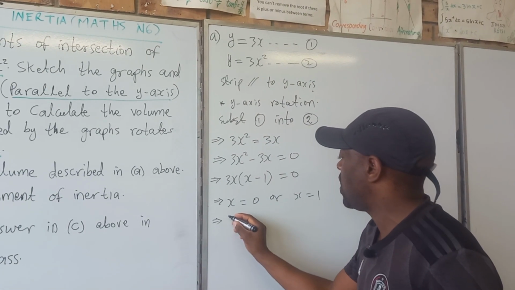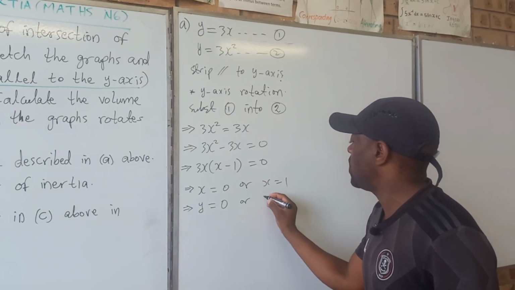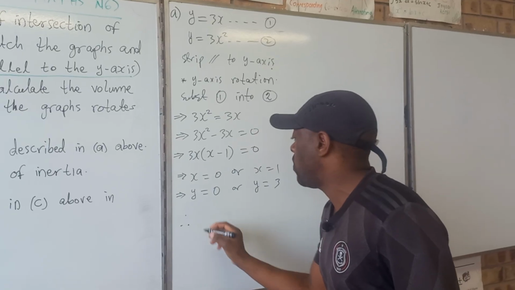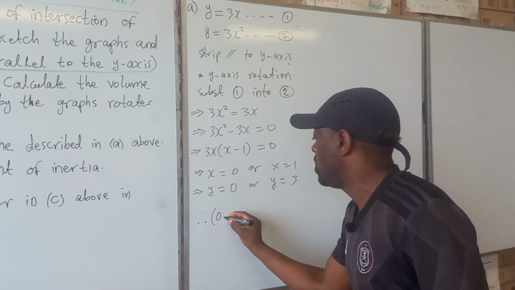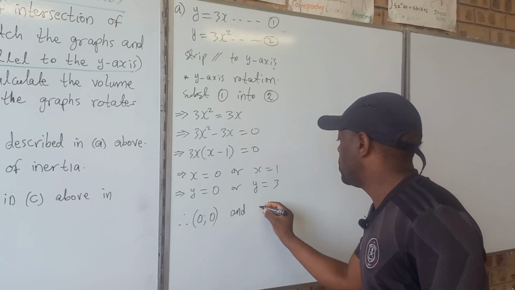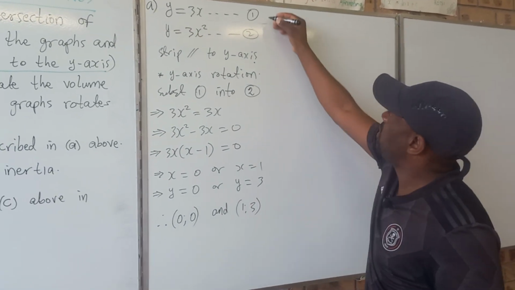If I substitute x equal to 0, I get y equal to 0. And if I substitute x equal to 1, I get y equal to 3. So therefore, my point of intersection is (0, 0) and (1, 3). So those are my points of intersection.